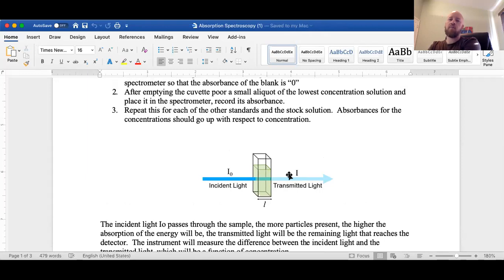So how are we able to calculate those kinds of things in unknowns? Absorption spectroscopy deals with passing light through a sample, and then we're able to essentially equate the amount of energy absorbed by the sample to its concentration.